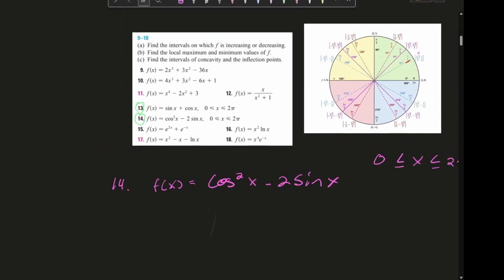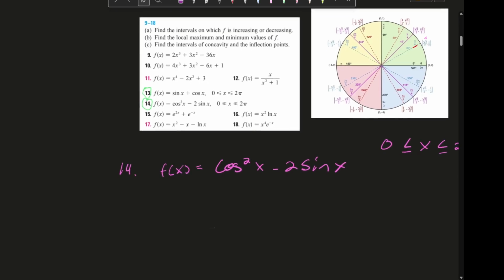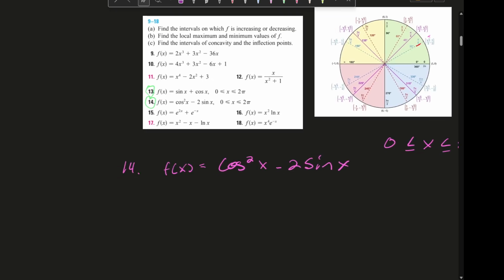First thing I'm going to do, the intervals on which f is increasing or decreasing, that's asking about the slope. Slope is the first derivative. That'll tell us everything we want to know.